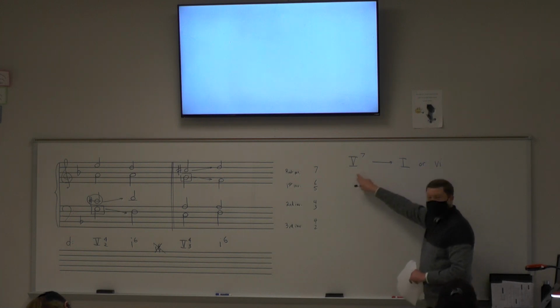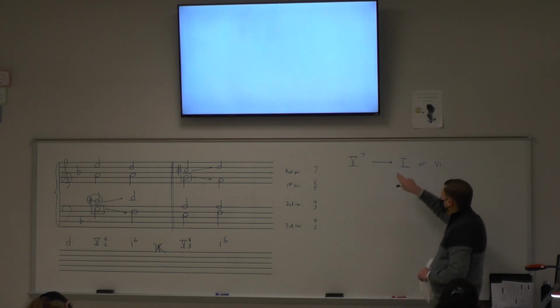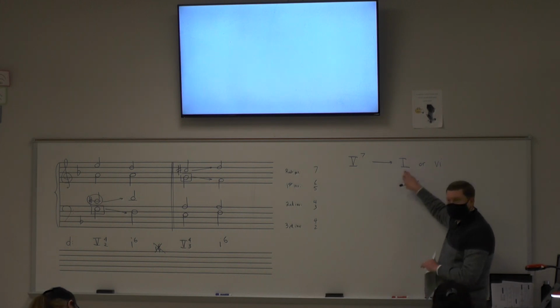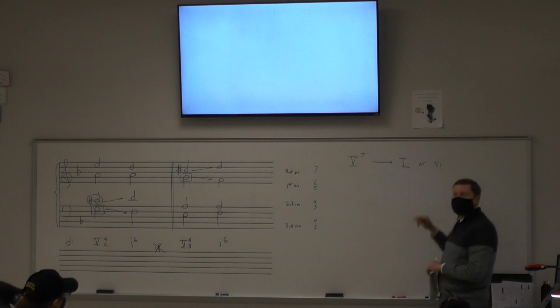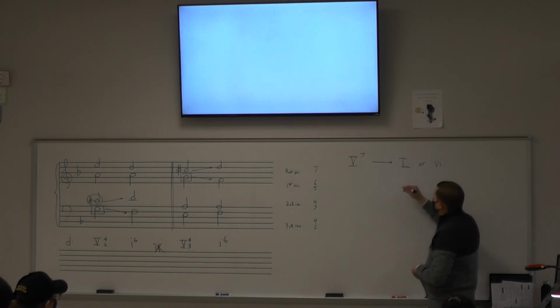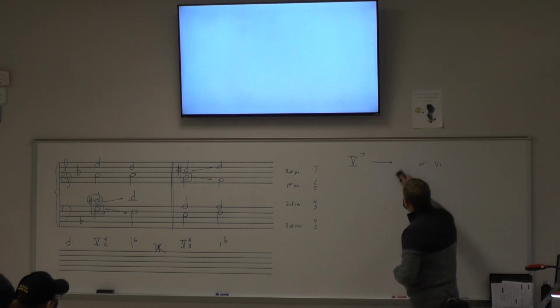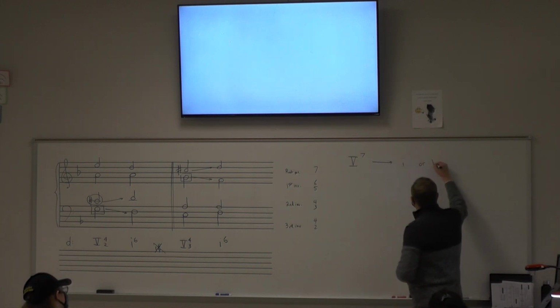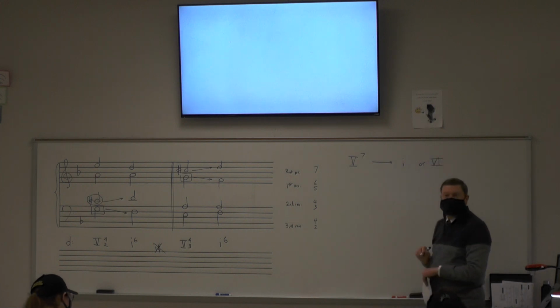Root position 5-7 goes only to root position 1 or a completely different chord, root position 6. It doesn't go to 1-6, it doesn't go to 1-6-4, it doesn't go to 6-6, it doesn't go to 6-6-4. Just these two root position chords only. Could it be either major or minor? Yes. If I were writing this table in minor keys, it would be the exact same.